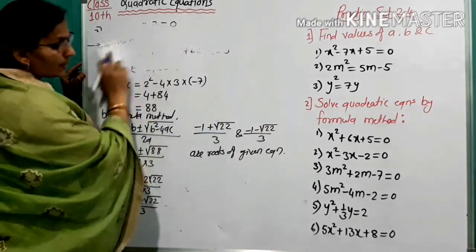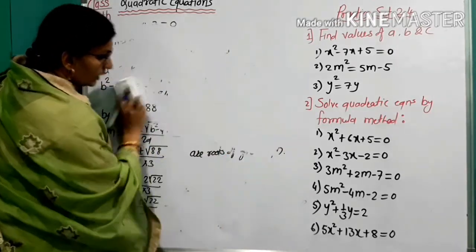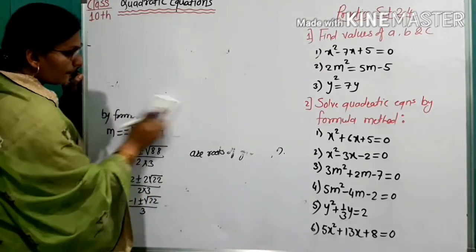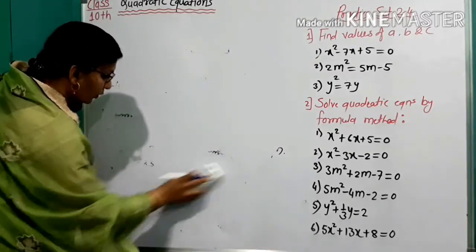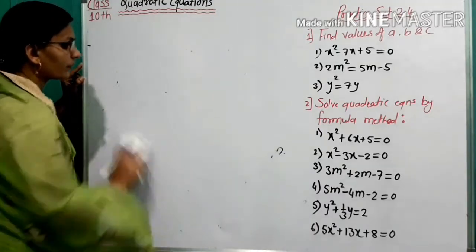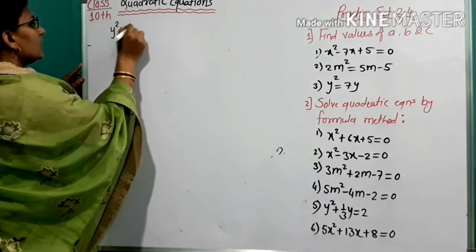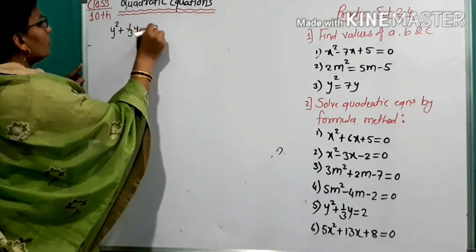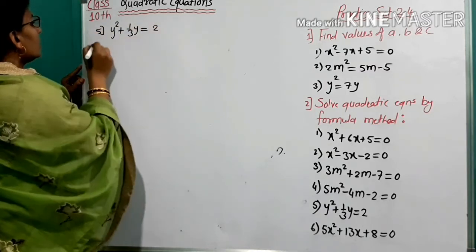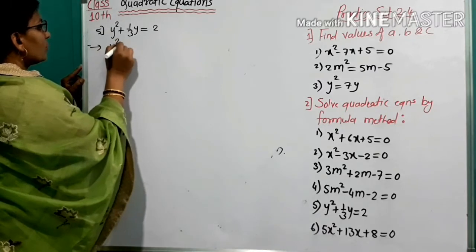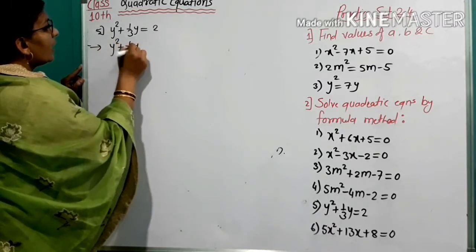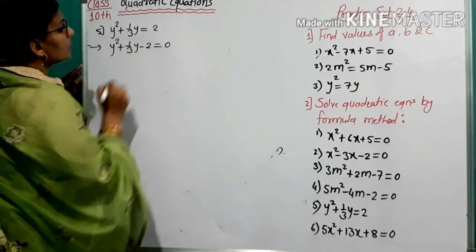Now see example number 5, that is y square plus 1 by 3y equal to 2. Take all terms towards the LHS. y square plus 1 by 3y minus 2 equal to 0.